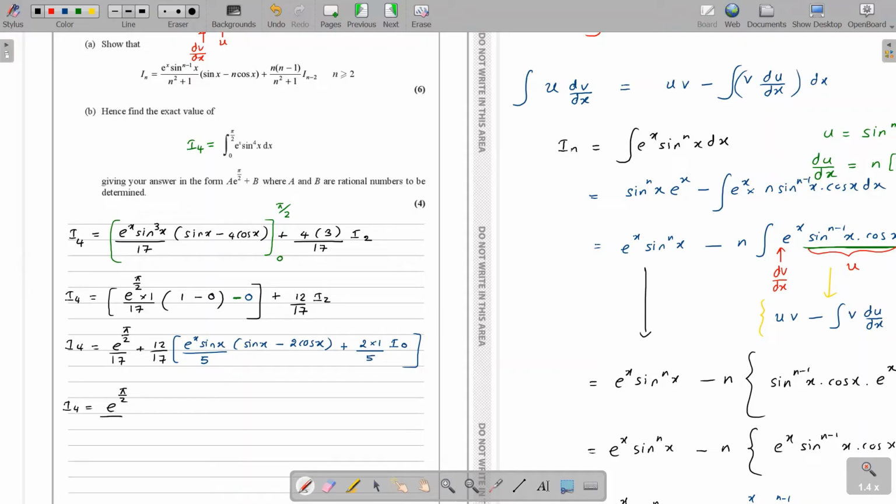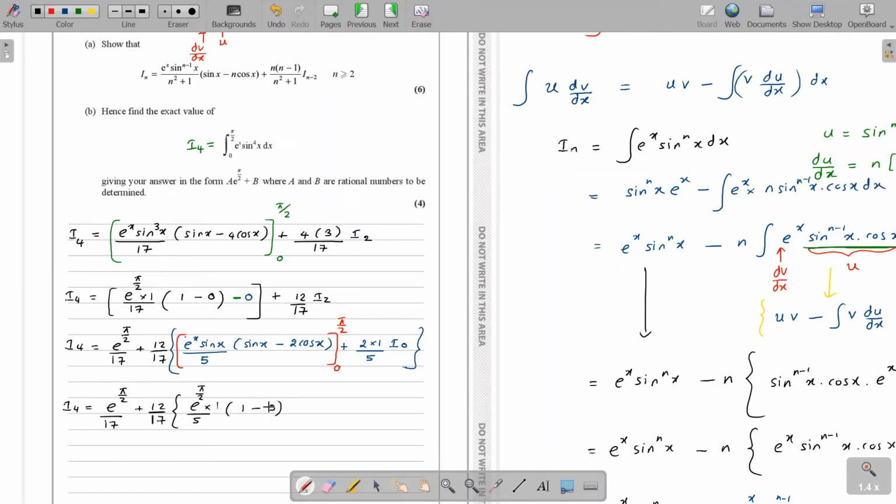e to the power pi over 2 over 17 plus 12 over 17. We have to apply the limits to this part. Okay, so I'll use a large bracket here and a small bracket here because we need to apply the limits. Now this part is out of the integration, 0 to pi over 2. So again, the same story. e to the power pi over 2, sin pi over 2 is 1, divide by 5, bracket, sin pi over 2 is 1, minus 2 cos pi over 2.